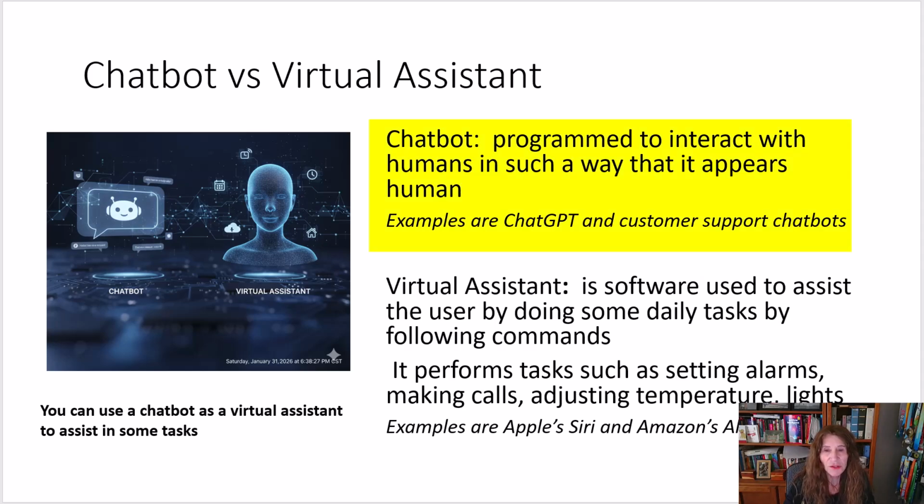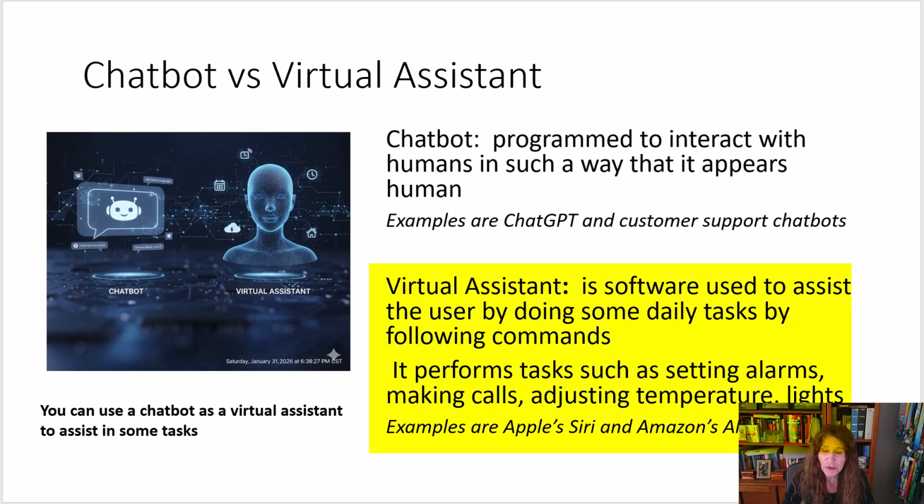The chatbot is programmed to interact with humans. So we have ChatGPT and these different customer support chatbots that converse with us back and forth in a conversation, and they appear human. Now, the virtual assistant performs specific tasks.